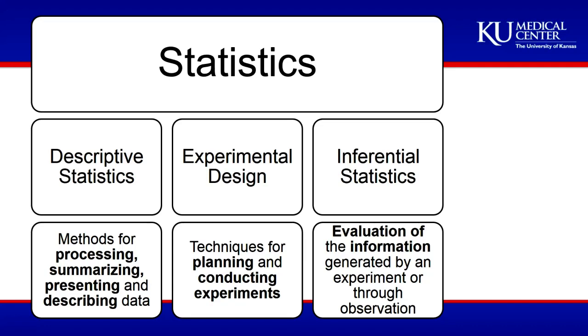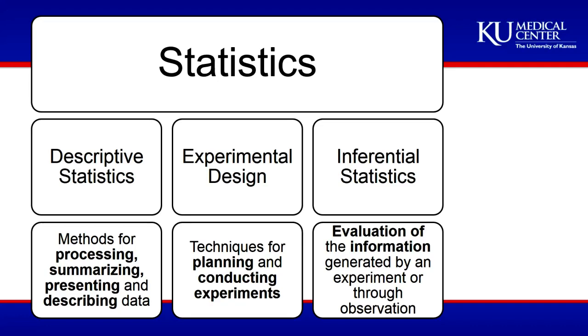So what we'll look at are techniques for minimizing bias and techniques for minimizing error or noise, so we can get a precise, valid estimate of an association or a difference, or to get a good picture of a true effect in a population.